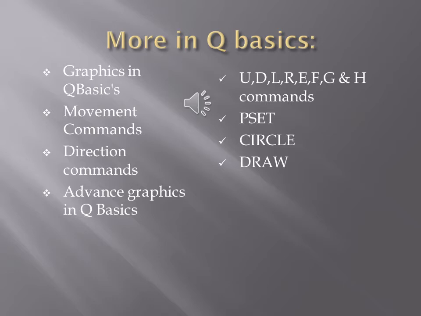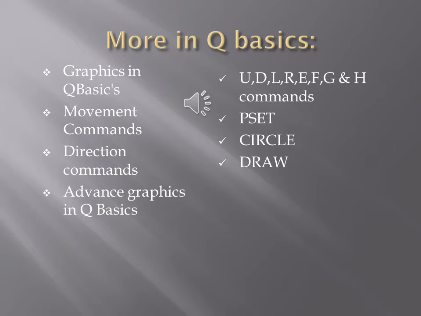Well students, here I'm giving the review of your chapter number 6, some topics we are revising for your online quiz. The first one is graphics in QBasic. We have two modes in QBasic, graphic mode 1 and graphic mode 2, as you know.